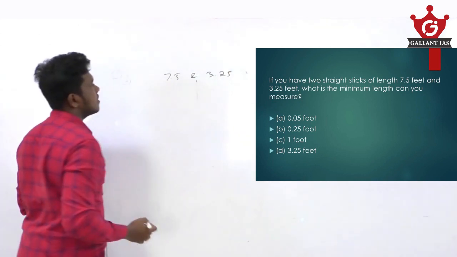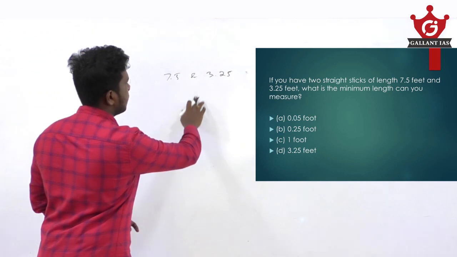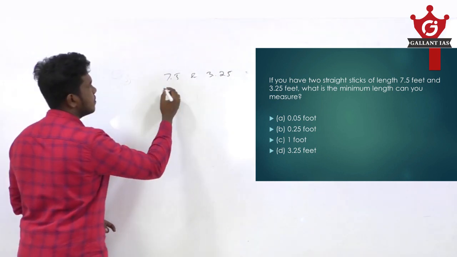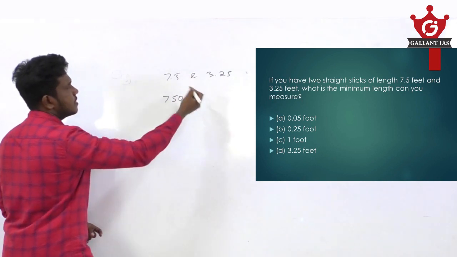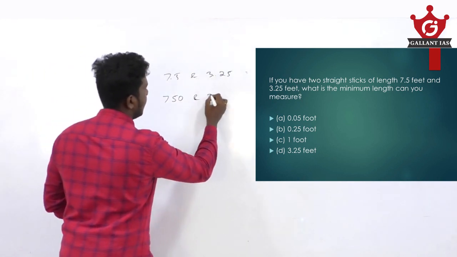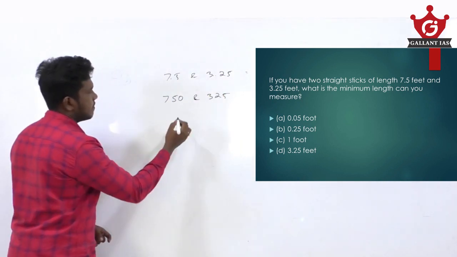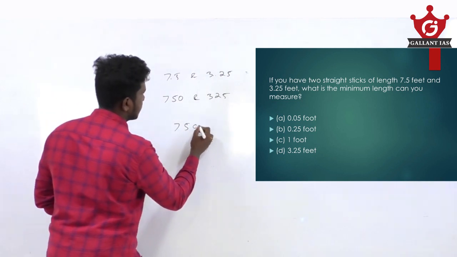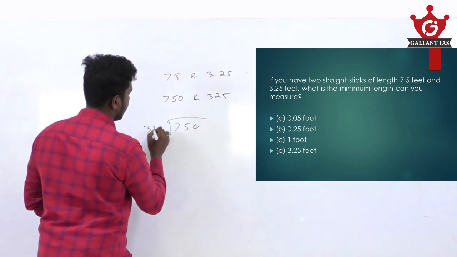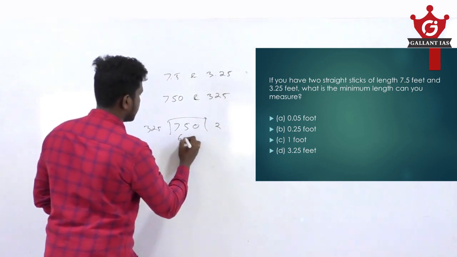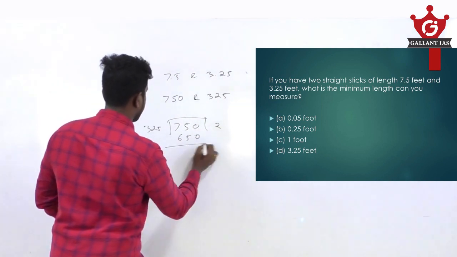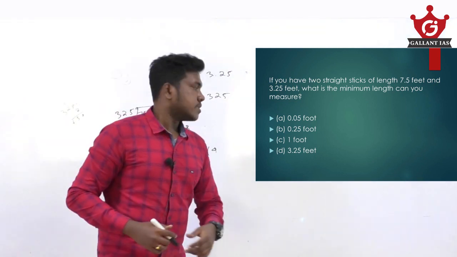So how to find the HCF of decimals? First of all, convert them into natural numbers. So 7.5 can be written as 750, multiplying by 100, and likewise for both values, 750 and 325. Find the HCF using the long division method. So 325 times 2 is 650.